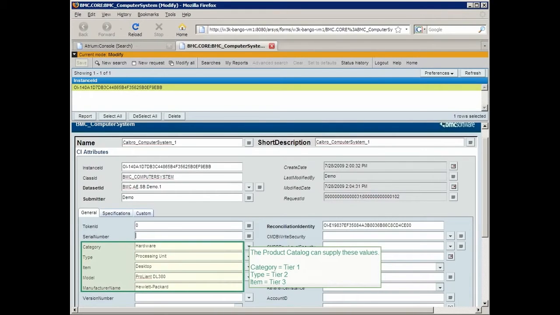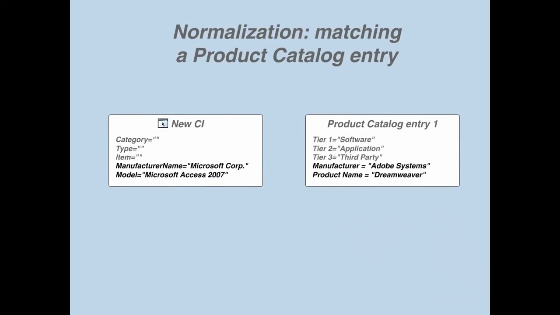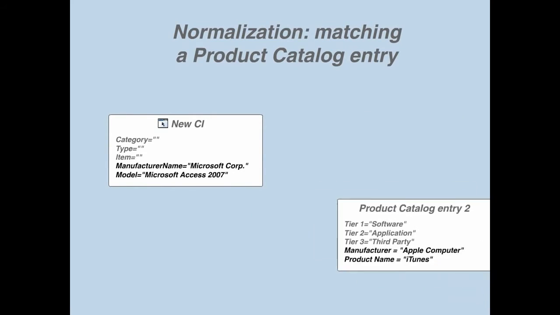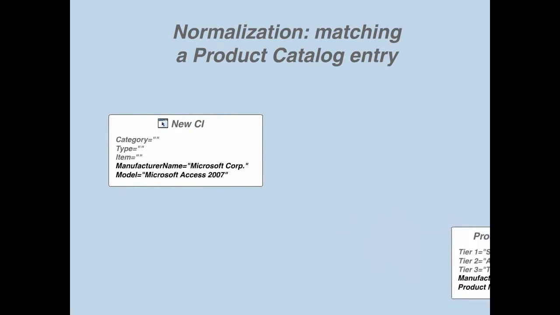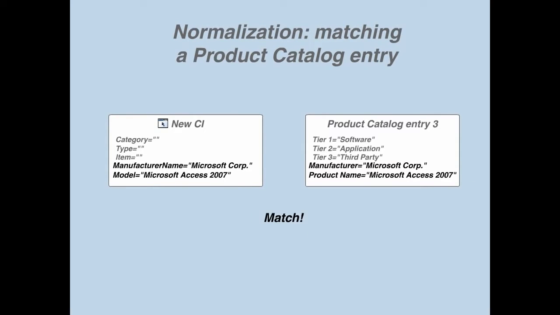The product catalog holds the normalized values for these attributes for a given hardware or software product. These are applied to CIs during normalization so that all instances of a given product have the same values. When a CI matches the product name and manufacturer of a product catalog entry, it receives that entry's values for the categorization attributes.